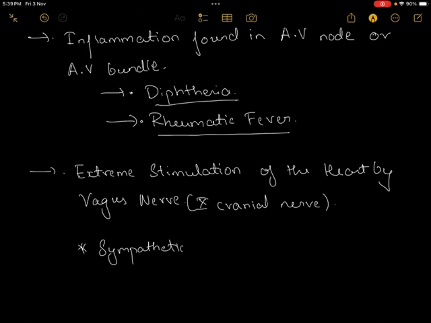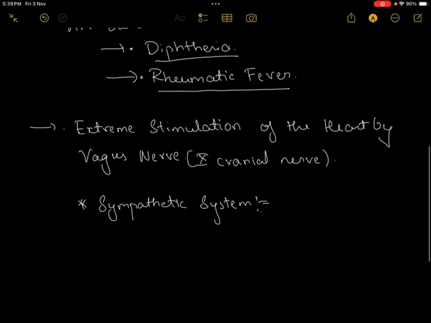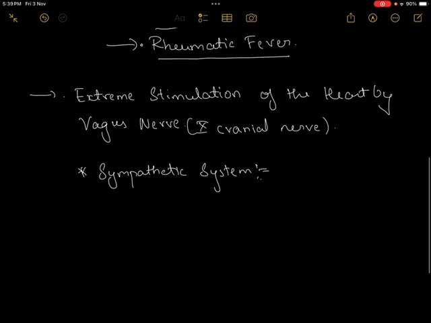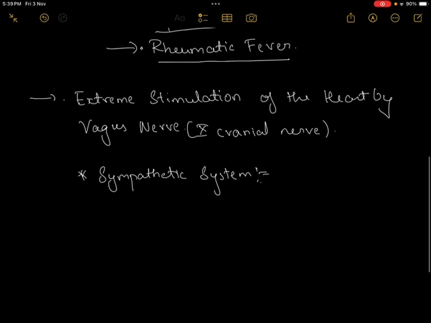If you talk about the sympathetic system of ANS, then if we talk about the pattern of the nerve, the preganglionic body is long and the postganglionic body is short.